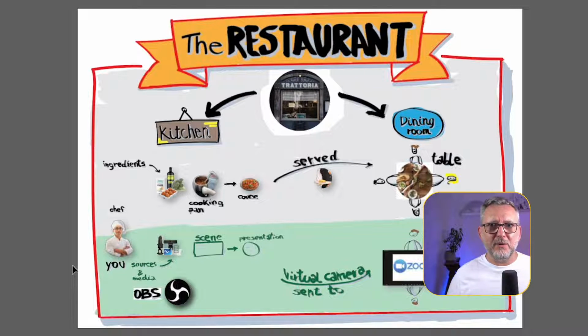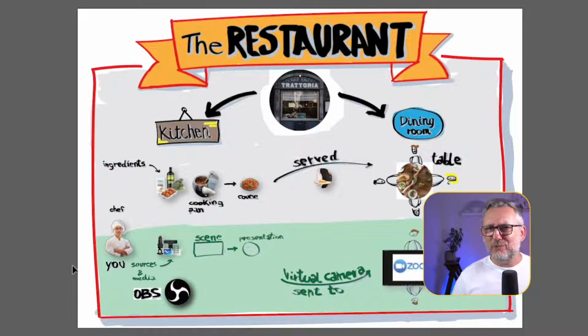You are the one who is cutting the carrots or the onions and preparing the meat and then assembling all the ingredients, putting them into the cooking pan, and then with your style, with your flavor, preparing a nice course. When the course is ready, the chef rings the bell, and then the waiter comes, takes the plate and the course and serves it to the table where the guests are waiting.